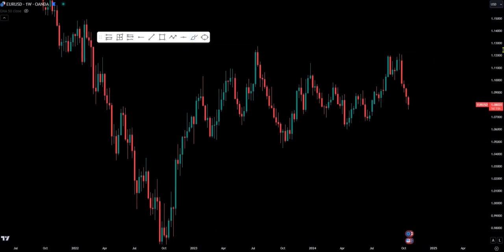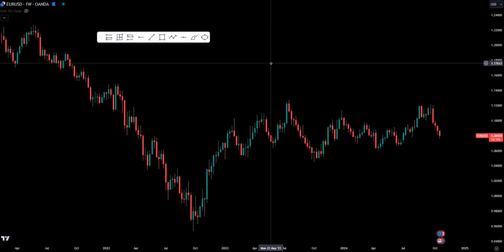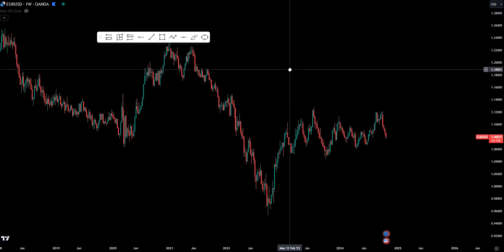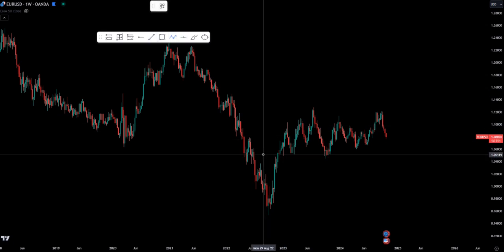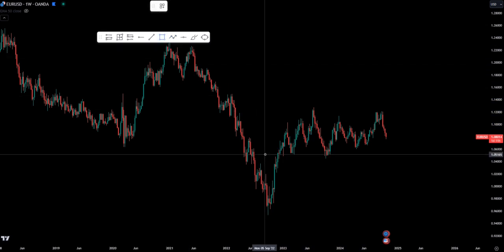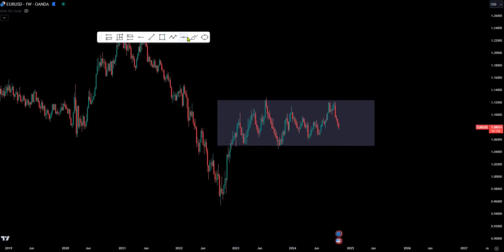So now as you can see guys, the structure in the Euro USD is now ranging in this range right here.